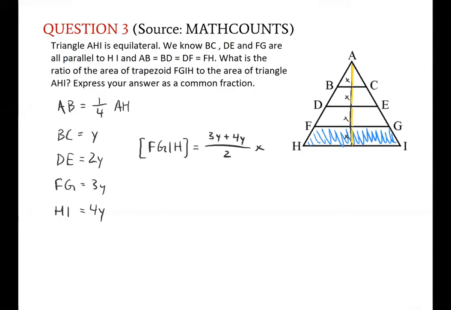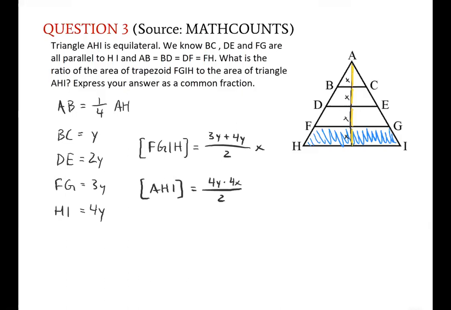And then we also want to know the area of the triangle AHI. That is going to be 1/2 times the base, which is 4Y, times the height, and that'll be 4X. So we want the area of trapezoid to triangle.